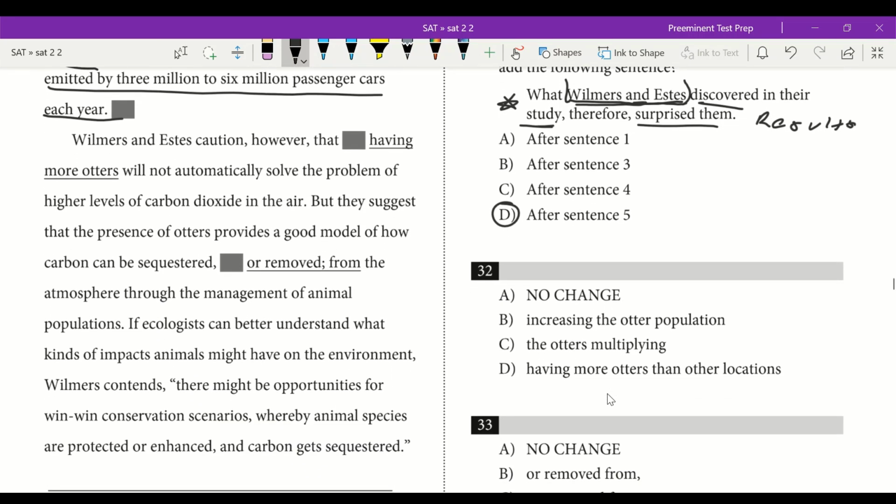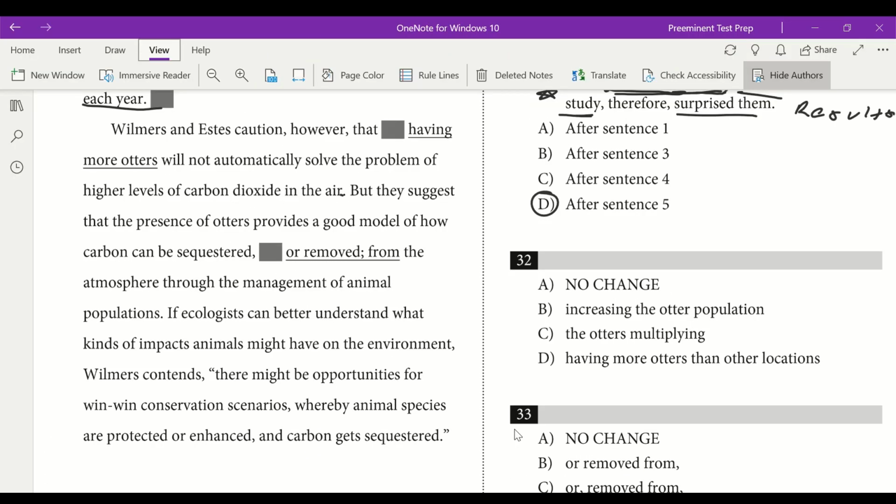Alright. Wilmers and S caution, however, that having more otters will not automatically solve the problem of higher levels of carbon dioxide in the air. Well, when we read having more otters, that sounds very informal, right? And we're looking at a formal piece, right? This is a scientific essay about otter population and its relationship to global warming.